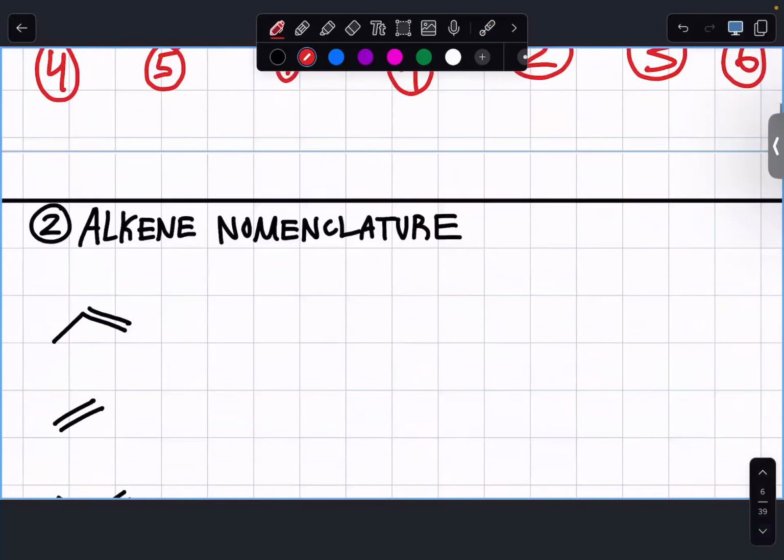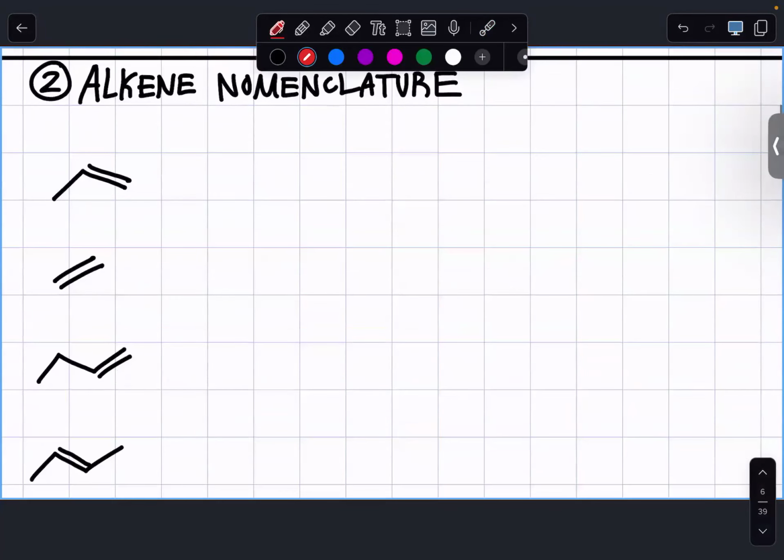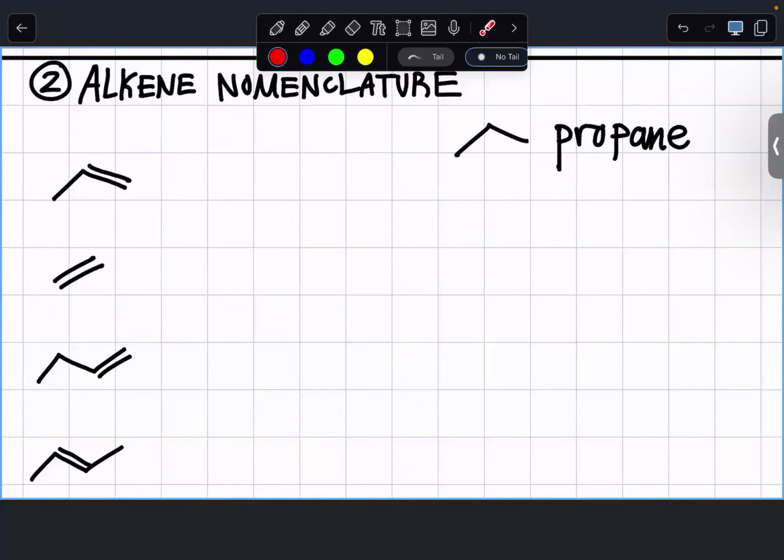Okay, now let's go over alkene nomenclature, where a regular 3-carbon chain is a propane with no other functional group, no alkene, no bromine, chlorine, oxygen, alcohol, stuff like that. Where this 3-carbon chain here has an alkene. And how do we want to number this?